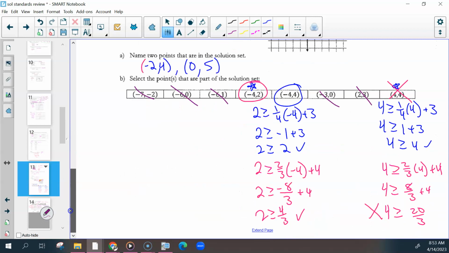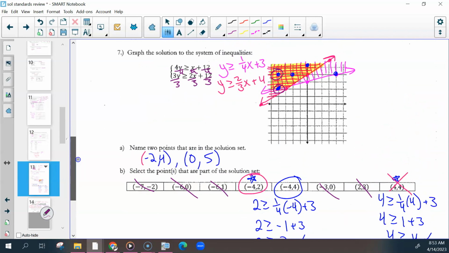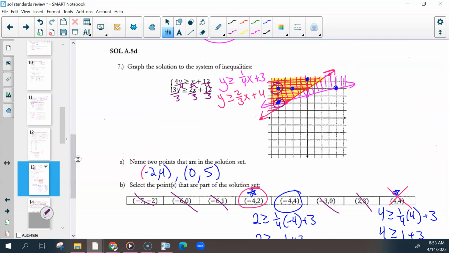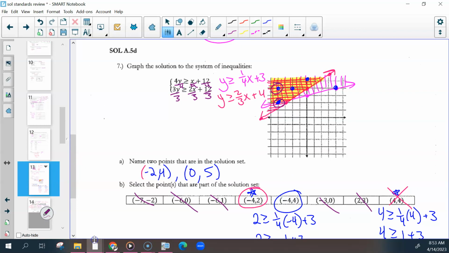When I checked it algebraically, it worked for both. Let's see. 4, 4 did not work. And I didn't need to check that one because it's obviously not in the shaded, overlapping shaded area. So there were only 2 for that one. Questions on 7?